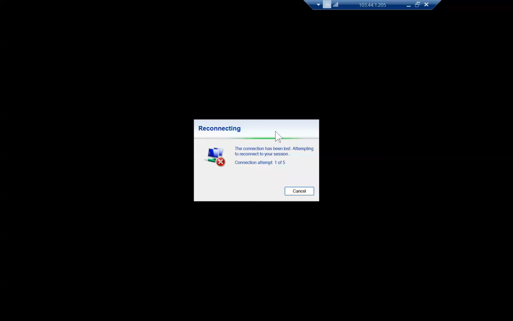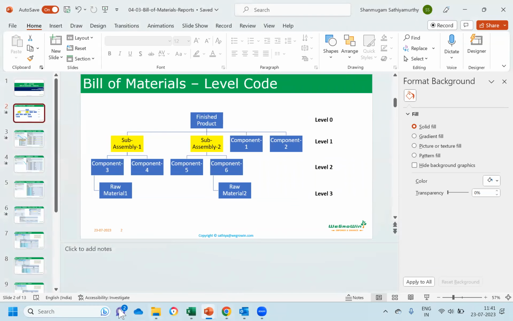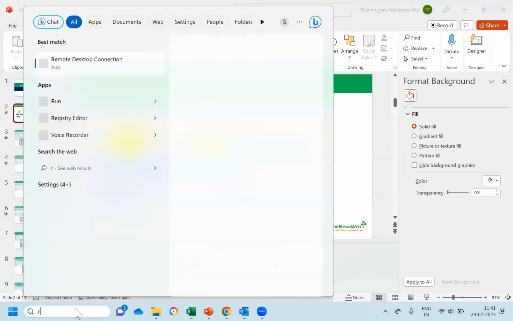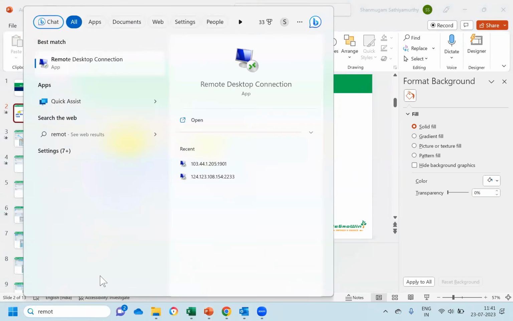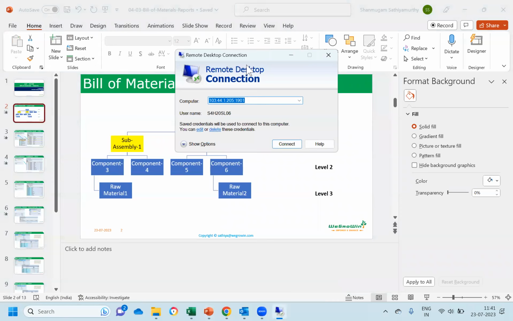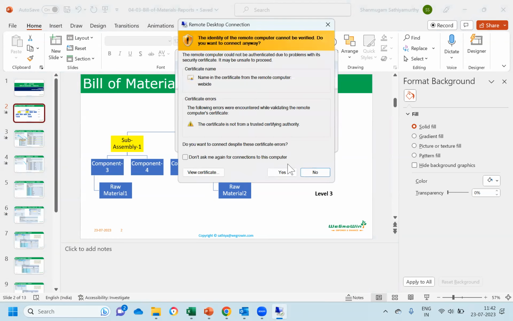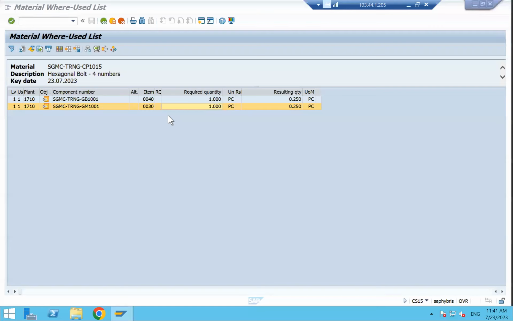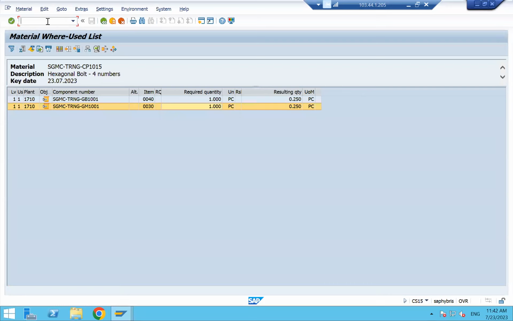So these are the, what is this? Okay, then let us do the comparison, CS14.